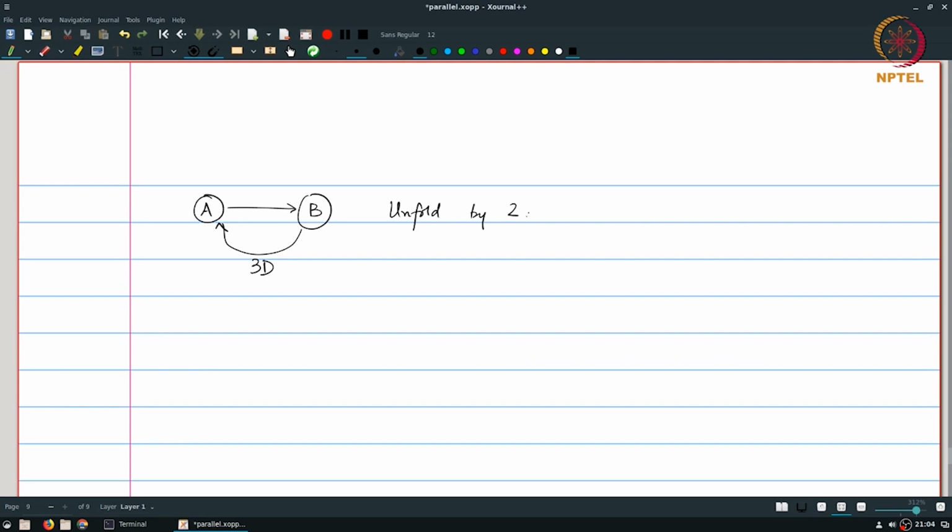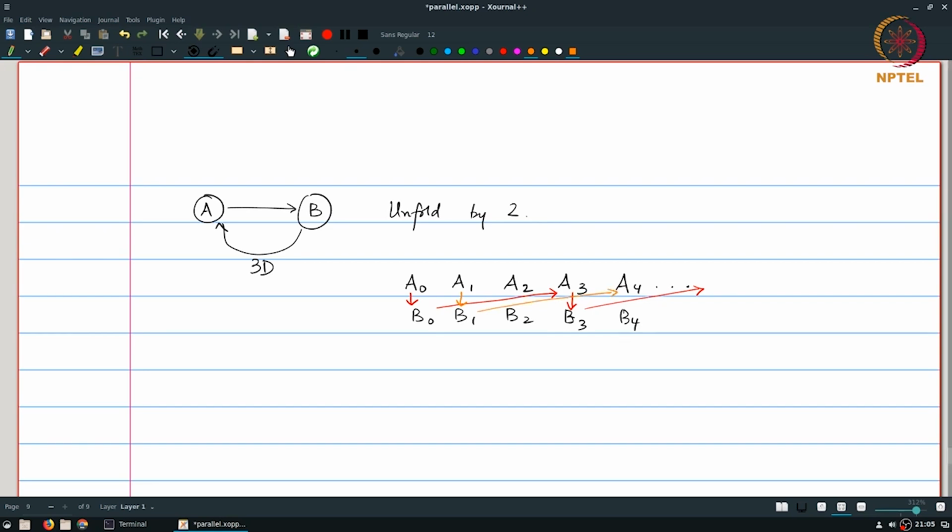Effectively, the best way to understand this would be to actually draw out the sequence of firing, which would tell us A0, A1, A2, A3, etc. and B0, B1, B2, B3, B4. And what we can see is that there is a dependency from A0 to B0 and then from B0 to A3 in this case, then from A3 to B3, B3 to A6 and so on. And similarly there is another dependency that goes from A1 to B1 to A4 and so on.